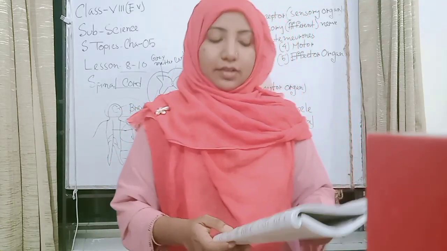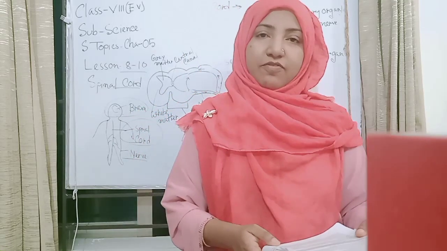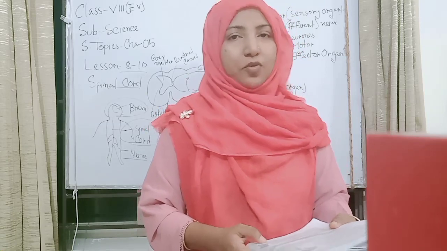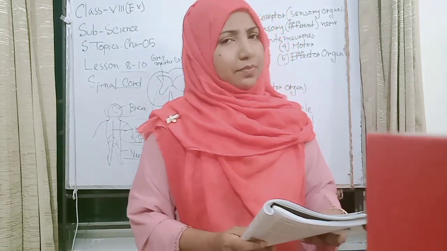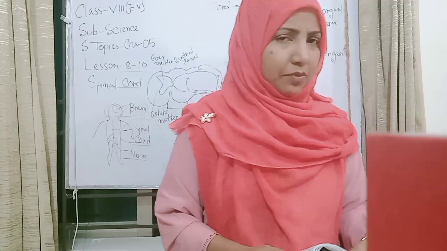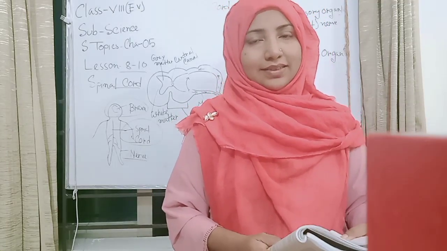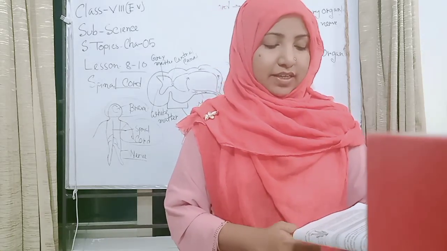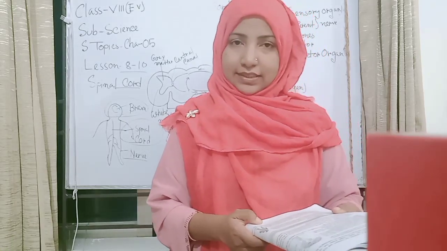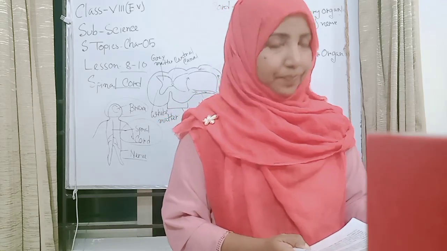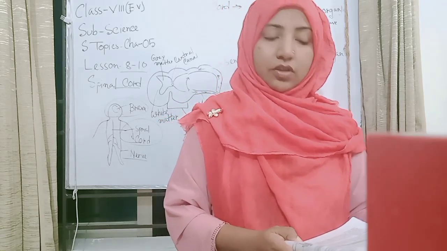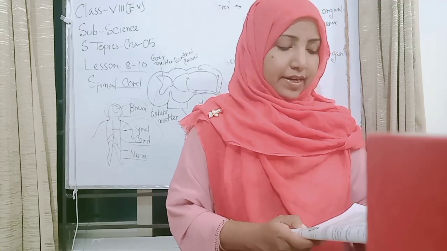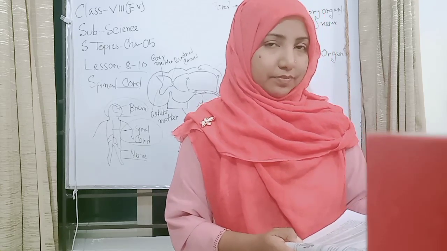The spinal cord is protected by the vertebral column. In the spinal cord, look at the positions of gray matter and white matter. My dear students, in the previous class, in the central nervous system, we explained where the white matter and where the gray matter is. But in the spinal cord it is reversed. In the spinal cord, the positions of gray matter and white matter are reversed, i.e. gray matter inside and white matter outside.